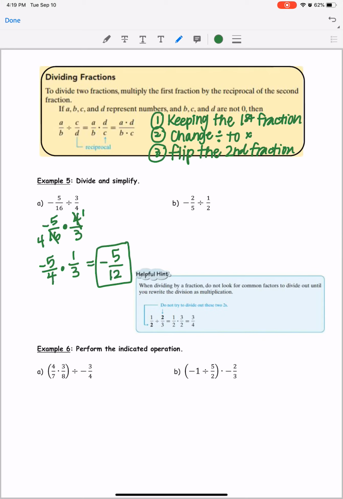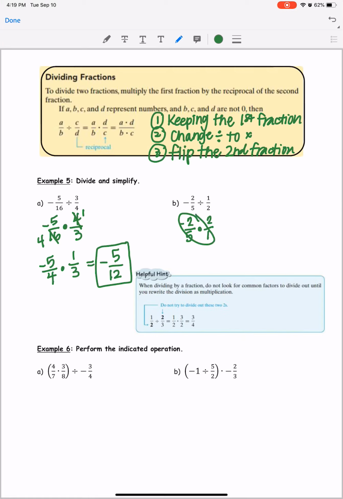Okay, B, let's try again, and it's the same thing. Keep this first one. So we got negative 2 over 5. Change your division to multiplication. And then this 1/2 becomes 2 over 1. So, see if you can cross reduce.